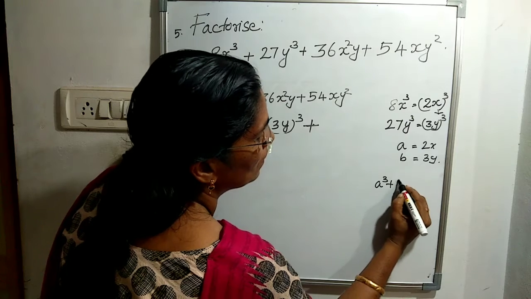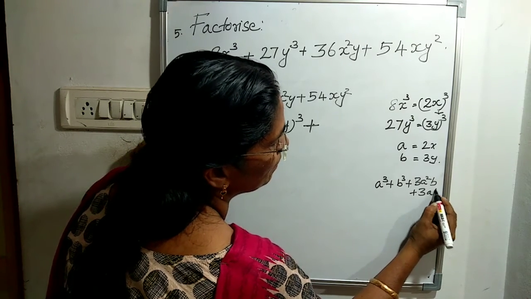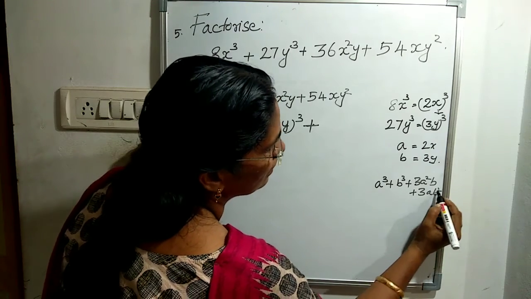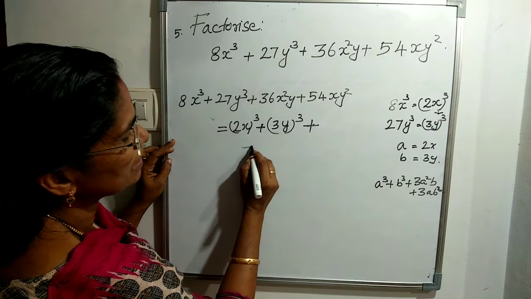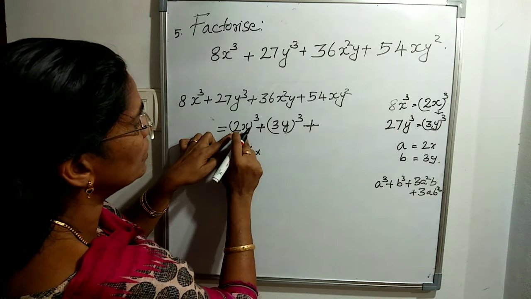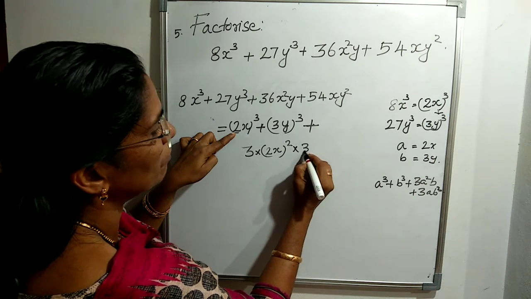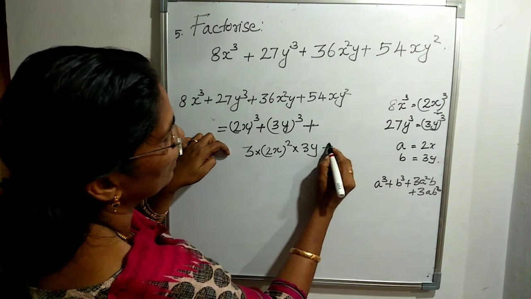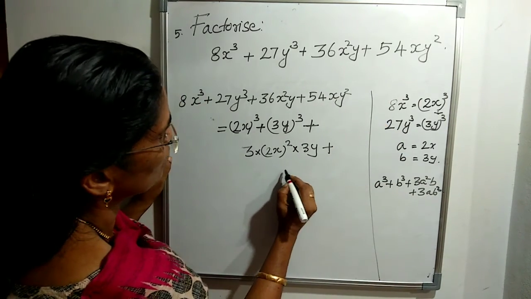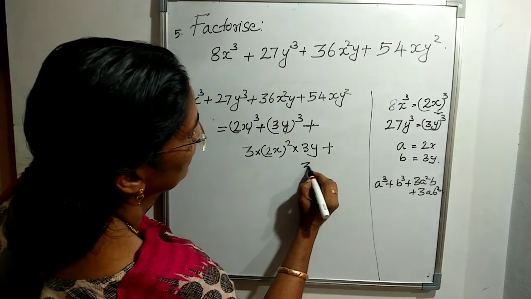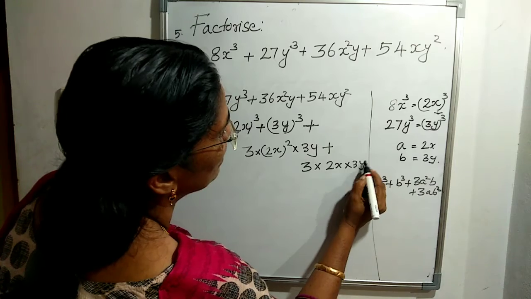A cube plus b cube plus 3a square b plus 3ab square. First you have to write this on the working column and substitute the values. So next term is 3 into a square, 2x whole square into 3y, plus 3ab square, that is equal to 3 into a means 2x, b square is 3y whole square.